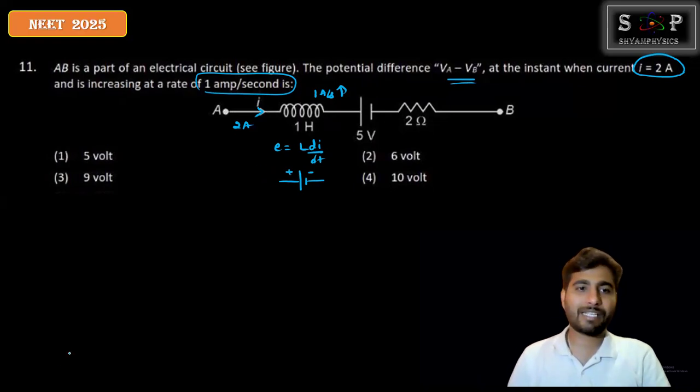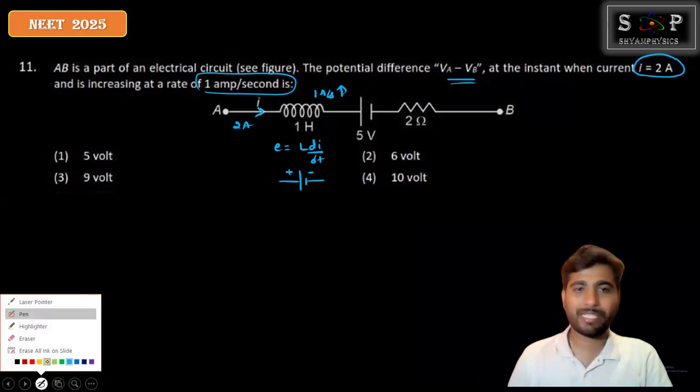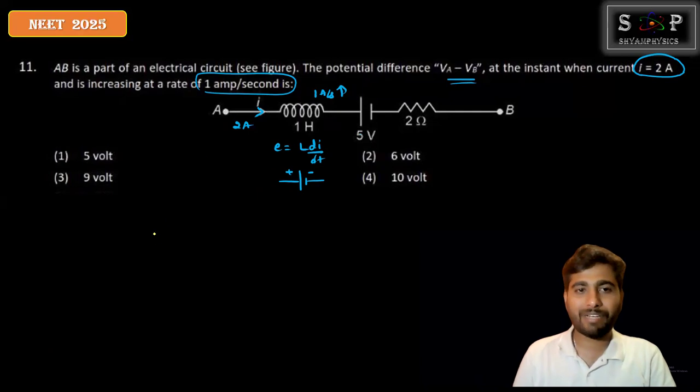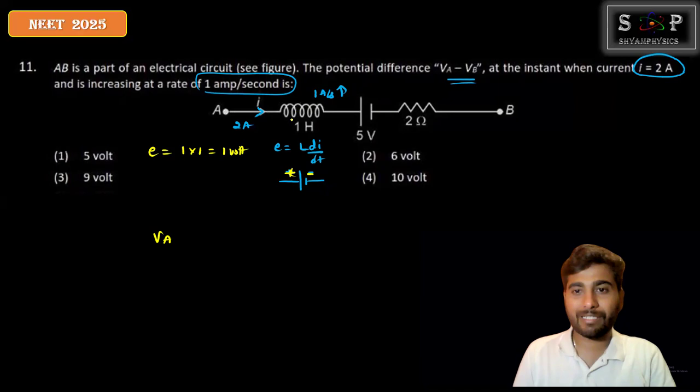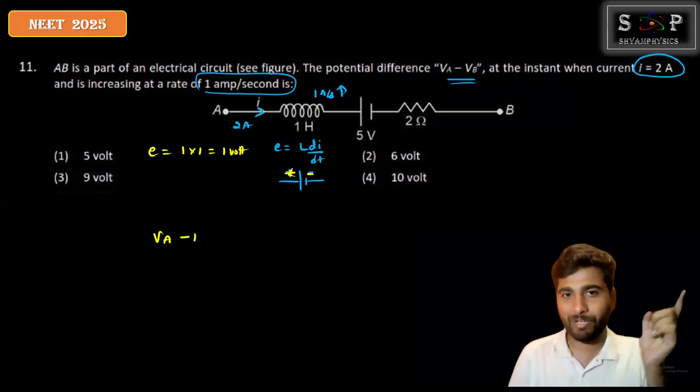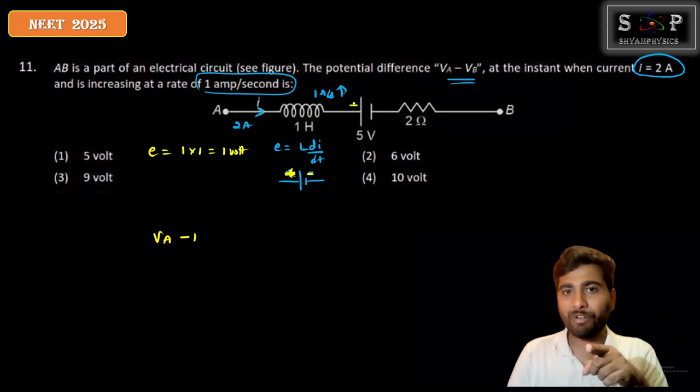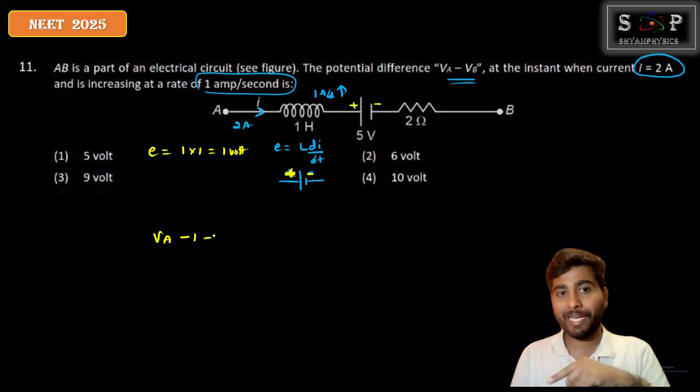Everything is just applying Kirchhoff's law, nothing different. From A we start, VA. Here it is minus, plus 2 minus, and you go through L di by dt. L is 1 and di by dt is 1, so the answer is 1 volt, which is the back EMF in the inductor. So I write minus 1 volt. Again you go plus 2 minus, so minus 5 volt.